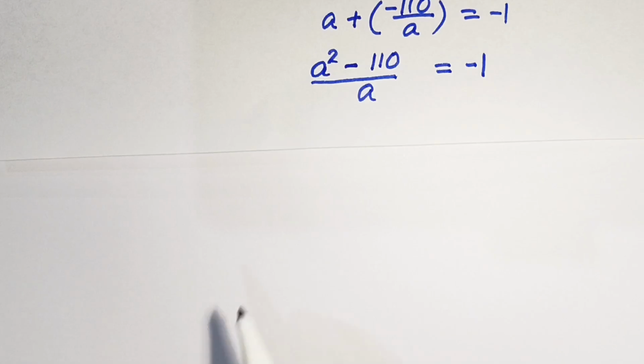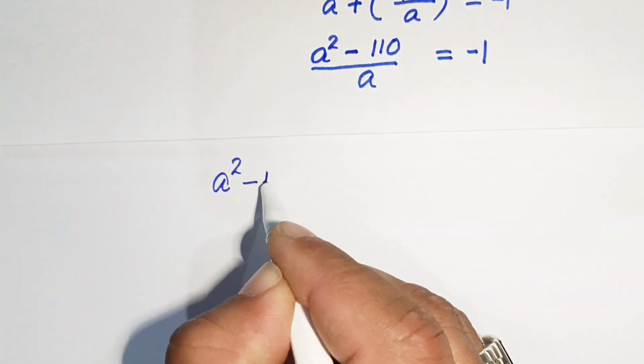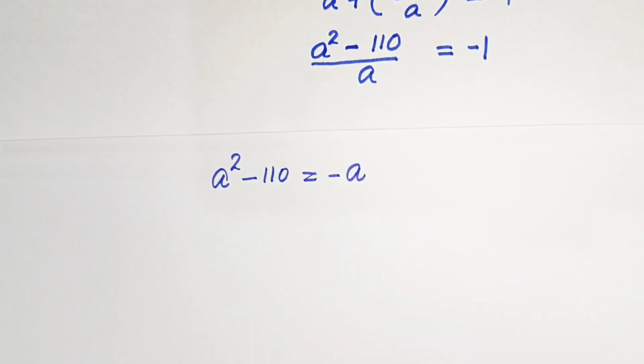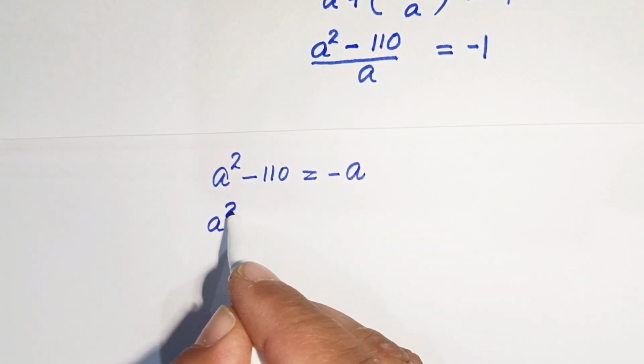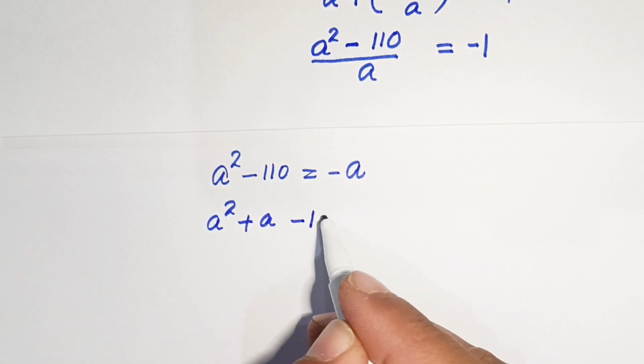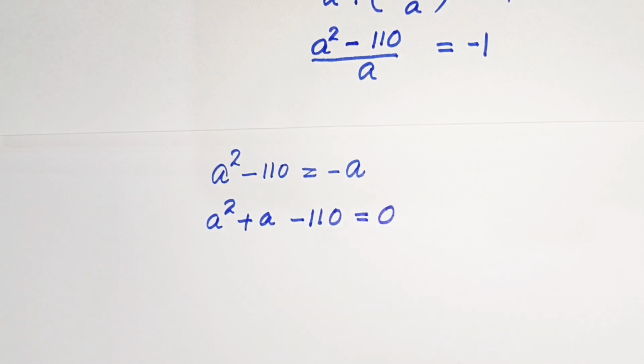If we multiply by a on both sides, we get a squared minus 110 is equal to minus a. Now a squared plus a minus 110 is equal to 0. Now we factorize this quadratic equation by the factorization method.